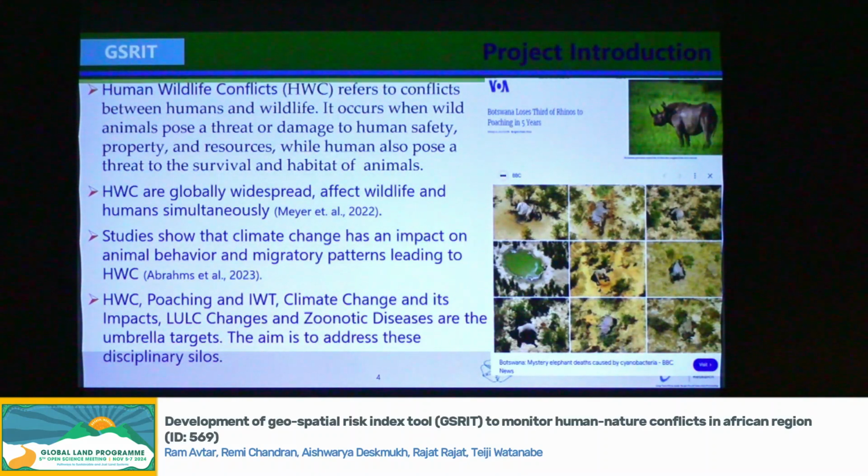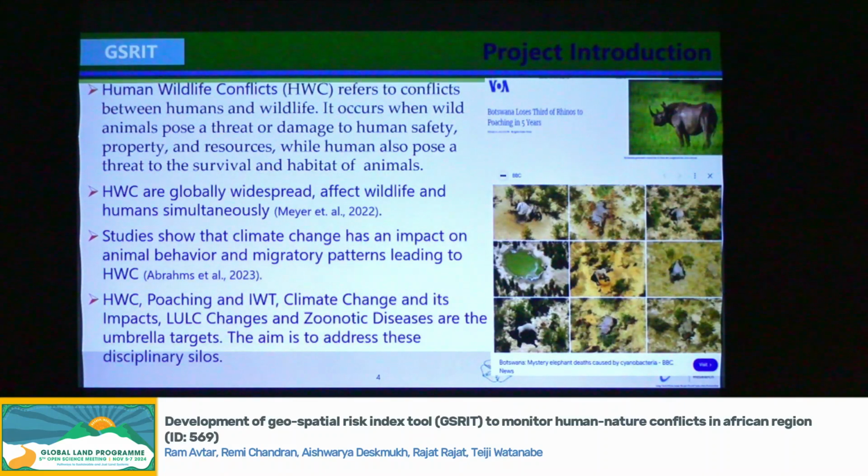There is also an increase in the human population, so there is more encroachment as people want to grow more agriculture, as well as an increase in the population of wildlife. Therefore these kinds of conflicts happen, and they are quite common in Africa, yet less attention has been paid by different research institutes. So we are looking into how we can mitigate these conflicts by developing tools using geospatial data.